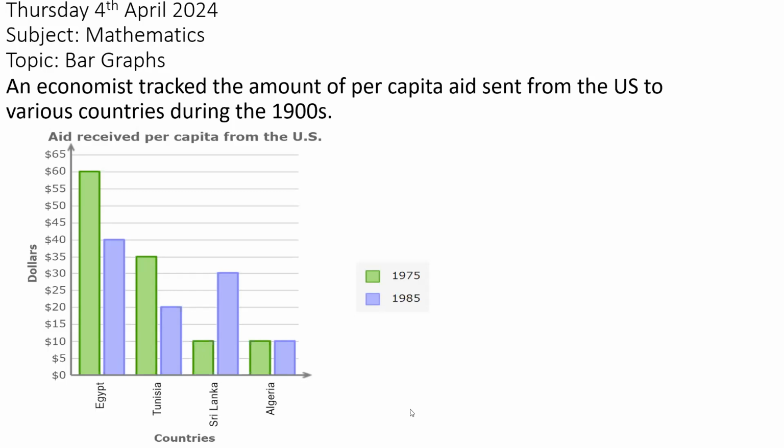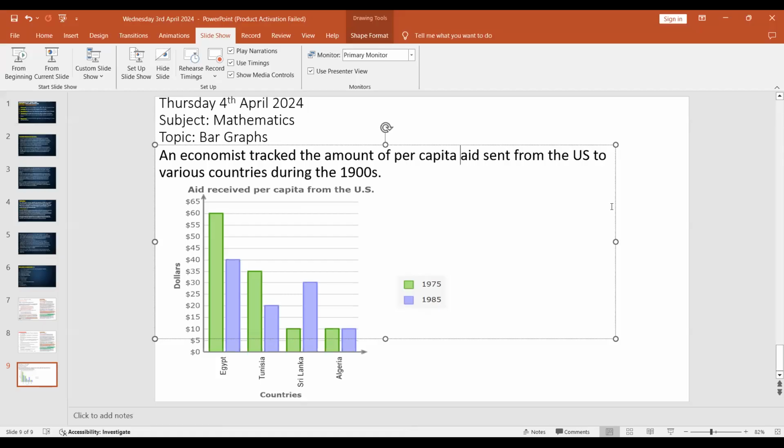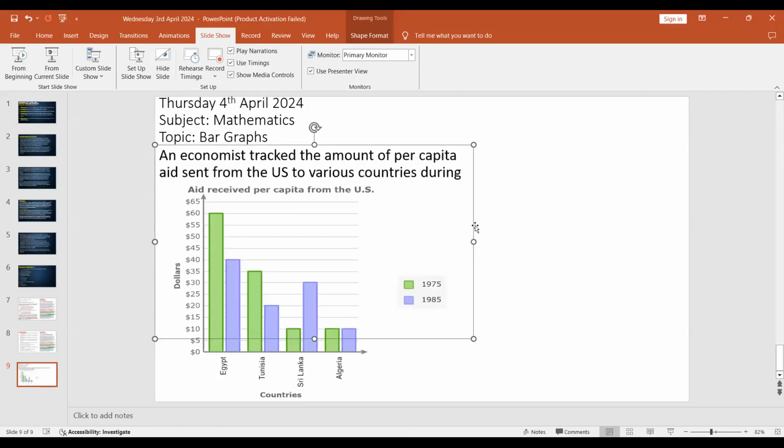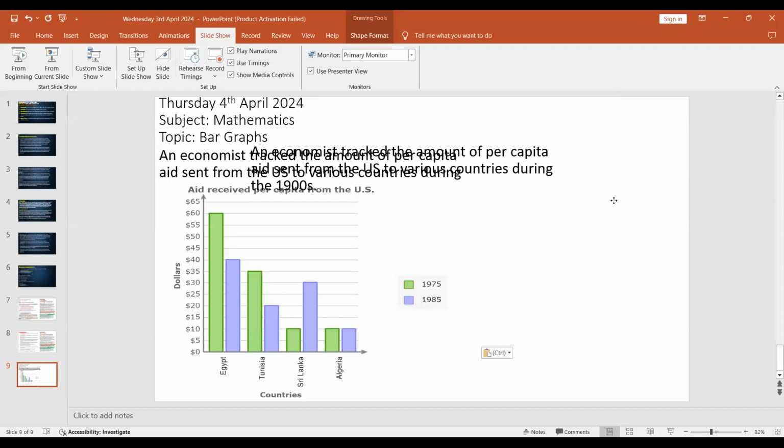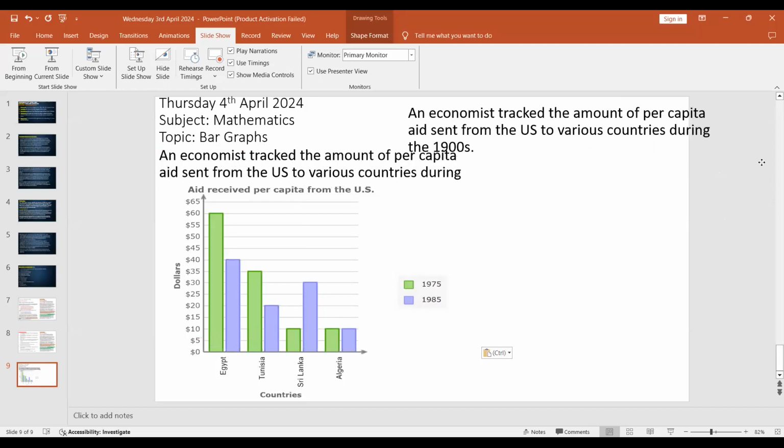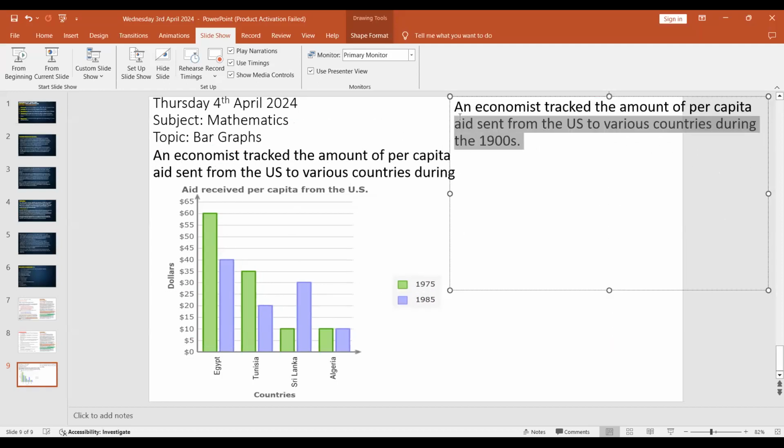So you could access it. Okay, so let's go ahead and answer some questions based off this bar graph, right? For those of us who are doing the bar graph question. Our first question that we could ask based off this is question number 1.